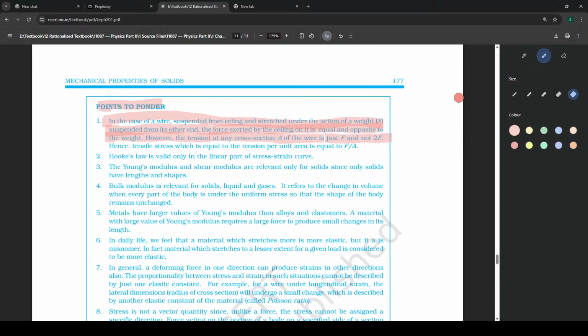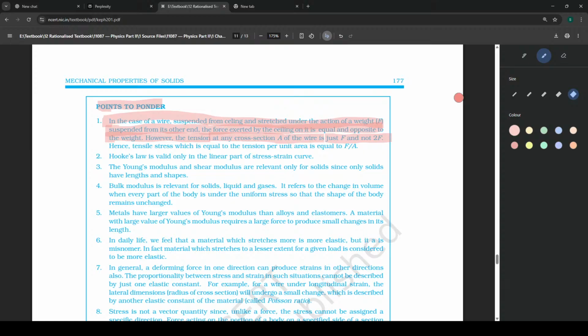The force exerted by the ceiling is equal and opposite to the weight. That is the reason we can assume that the ceiling is not collapsing and the wire is not falling down. The force exerted on the wire by the ceiling is equal and opposite to that of the wire.